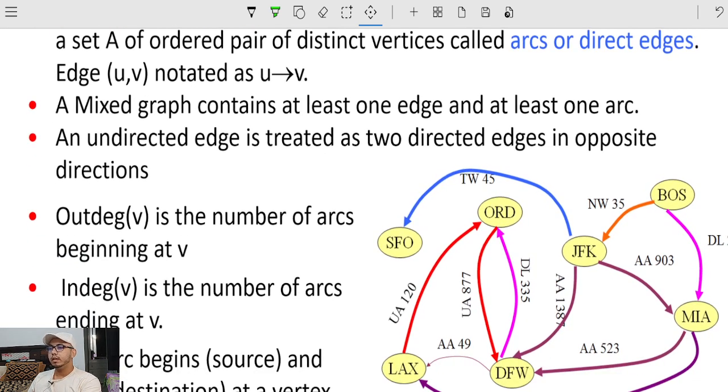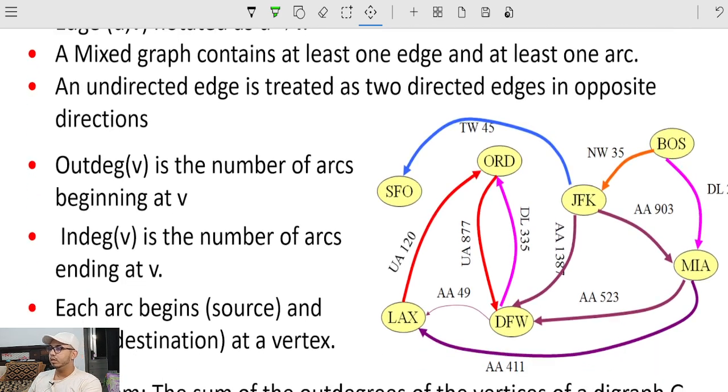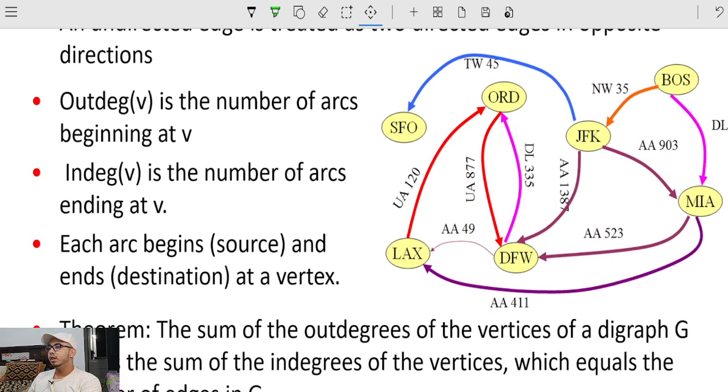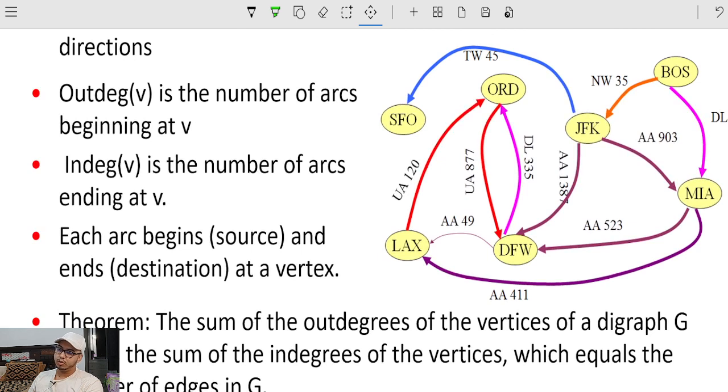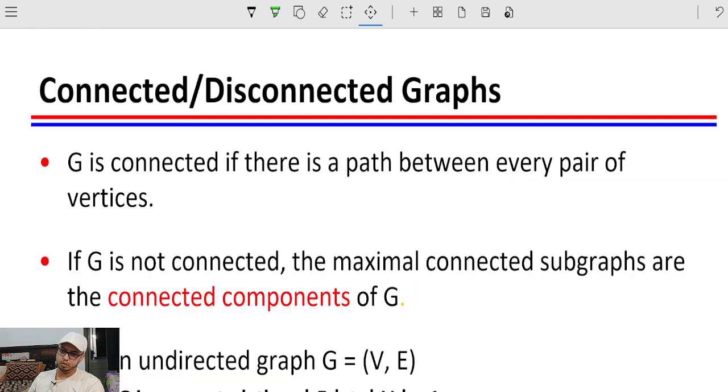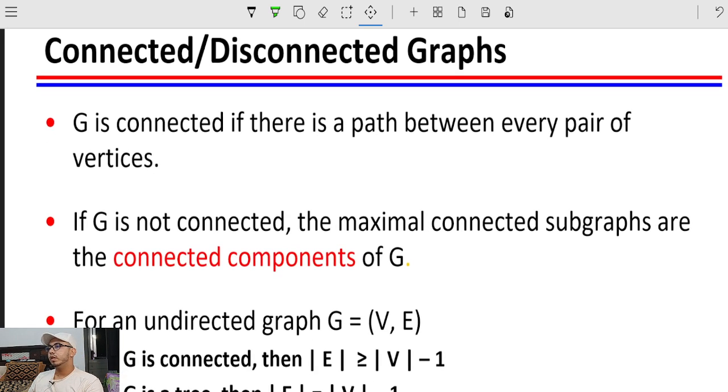An undirected graph can be treated as two directed edges in opposite directions. Out-degree of V is the number of arcs beginning at V, and in-degree is the number of arcs ending at V. Each arc has a source and a destination vertex. Theorem: the sum of the out-degrees of the vertices of a digraph equals the sum of the in-degrees, which equals the number of arcs in G.